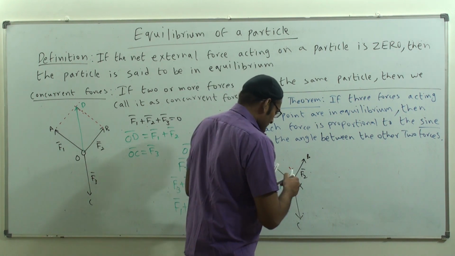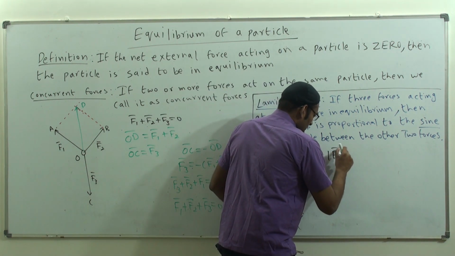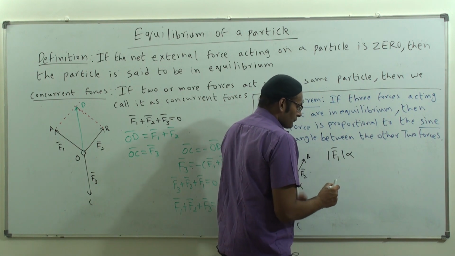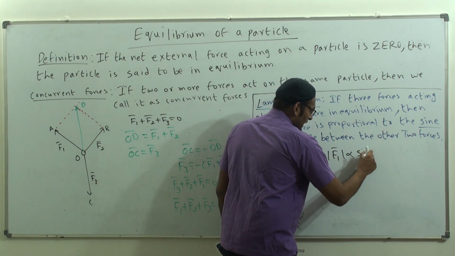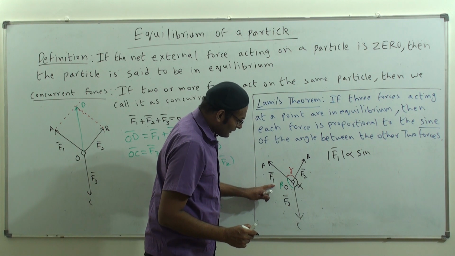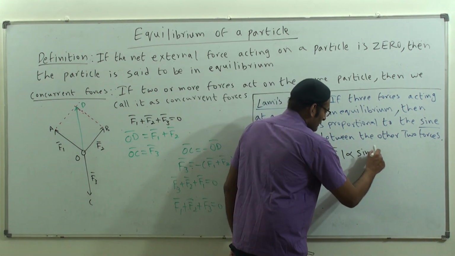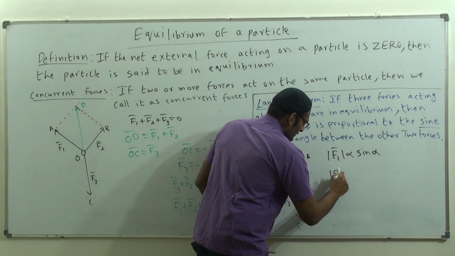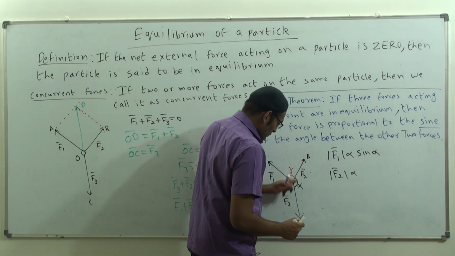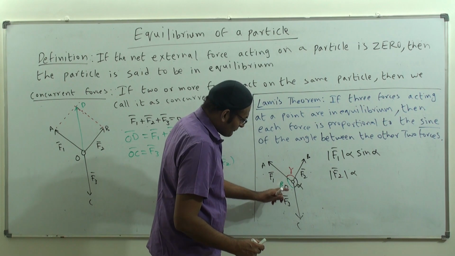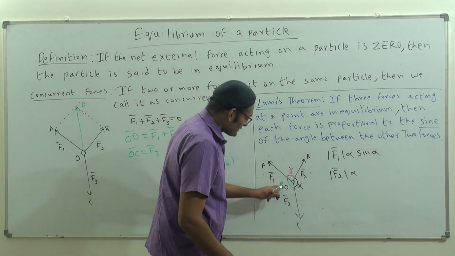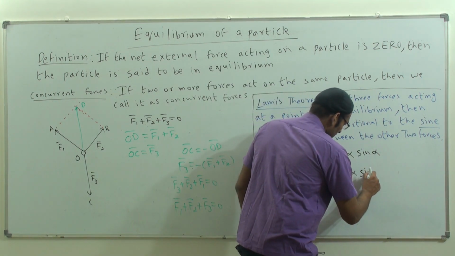So I can write this as, magnitude of F1 is proportional to the sine of the angle between the other two forces. What is it? It's alpha. The same way, F2 is proportional to the sine of the angle between the other two forces, that is beta, sine beta.